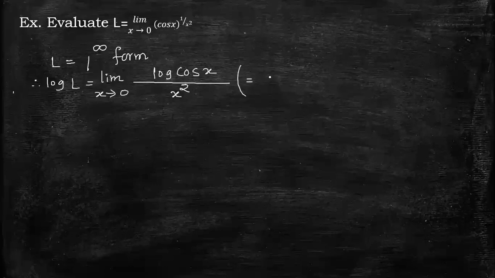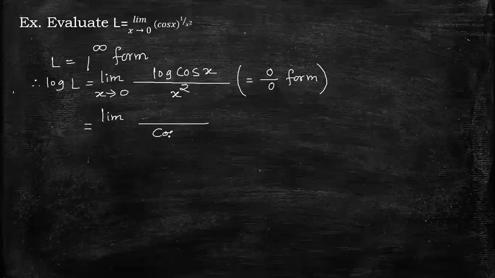And now which is this form? 0 by 0 form. Good. Now by L'Hospital's rule, limit, derivative of numerator is 1 upon cos of x into derivative of cos x, which is minus sin x.